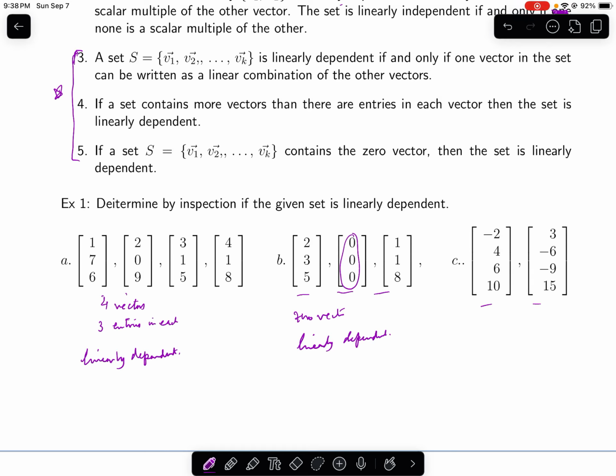But when you look at these two, you may not realize it at once, but if I call this u and I call this v, then if you multiply u by negative 3 halves, you will get v. So we can say that v is a scalar multiple of u, so linearly dependent.